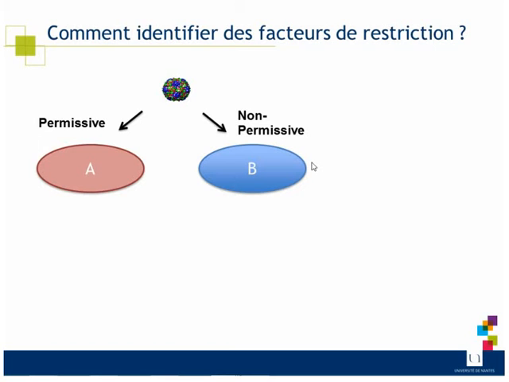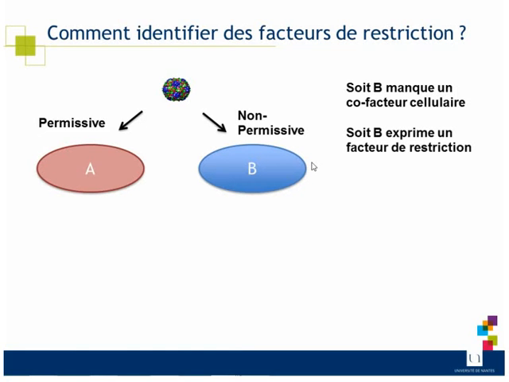Okay, so once you see that, there are two possible explanations. Either your cell B lacks an essential cofactor for infection, and that's why it's non-permissive. Or maybe B expresses a restriction factor, and it's the absence of the restriction factor in cell line A that allows the virus to replicate. And there's a really quite easy way to determine which of these two cases is correct, and that is by producing a heterokaryon.